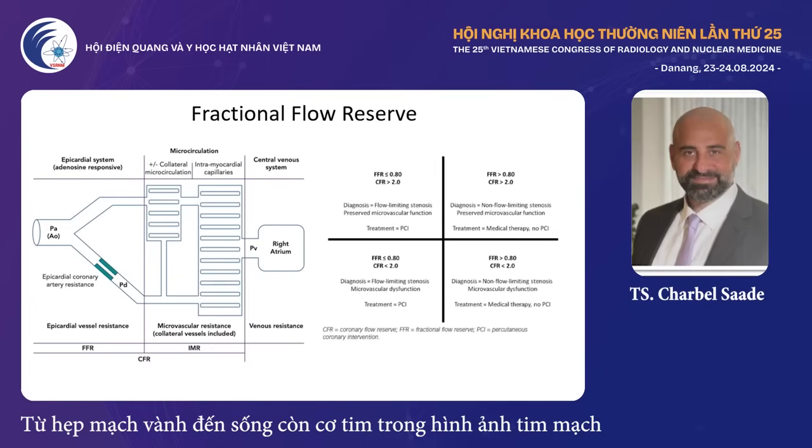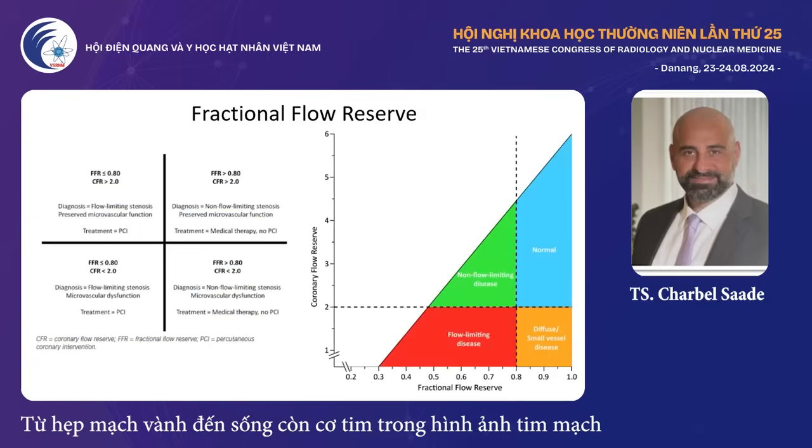on patient outcomes. Now again, when we're coming to look at this fractional reserve and coronary reserve, I always like to look at my CFR. If it's greater than 2, if there's no limiting disease, you only need medical treatment, or if it's normal. If there's flow limiting disease, less than 2 with an FFR of less than 0.8, here this area from 0.3 to 0.8 must definitely have a PCI.